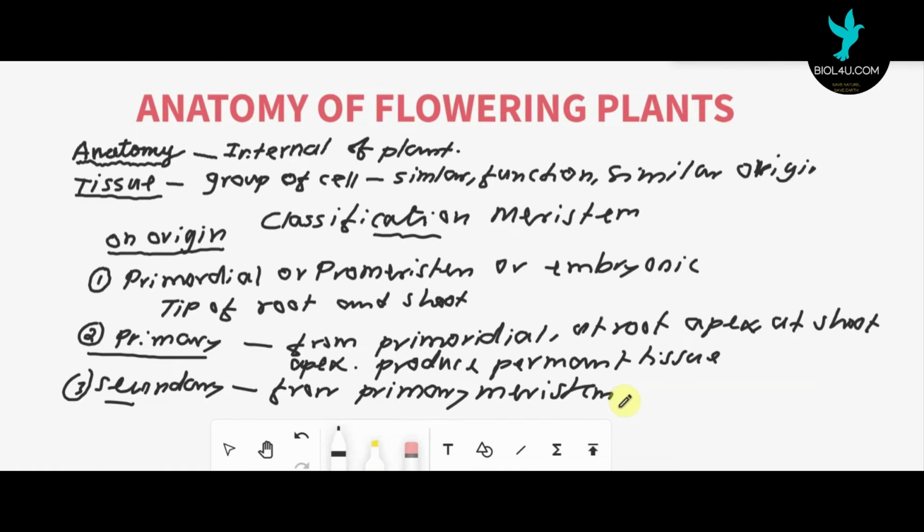It is produced at a later stage of the plant, hence it is known as the secondary meristem. First the primary meristem is produced, then it converts into secondary meristem and forms the permanent tissue.